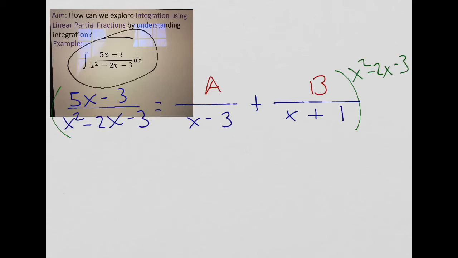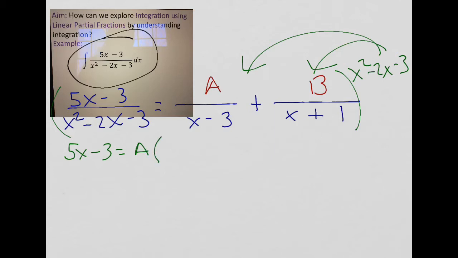So if I multiply it to the left side of my equation, I get 5x minus 3. If I multiply it to the right side of the equation, I have to multiply it to both fractions. So x minus 3 is going to cancel out with part of my x squared minus 2x minus 3, because it'll cancel out one factor but not the other.